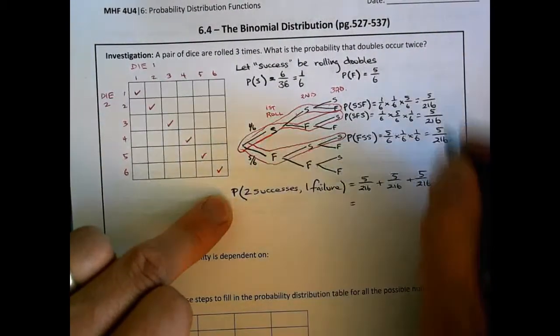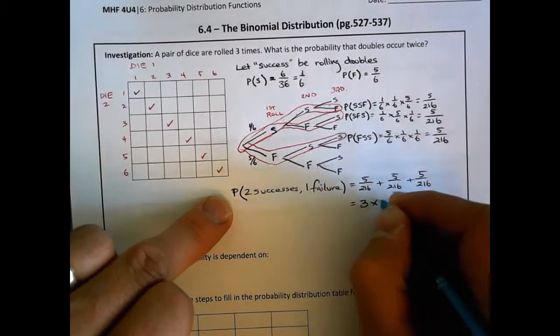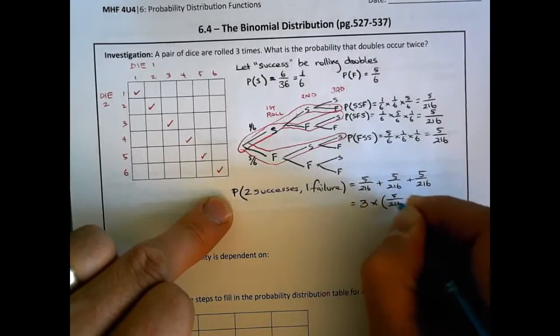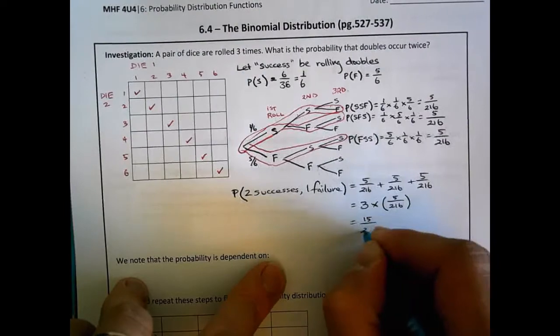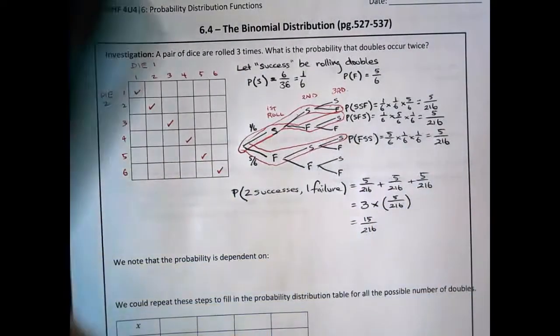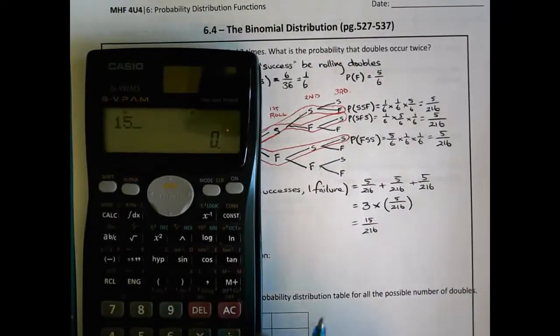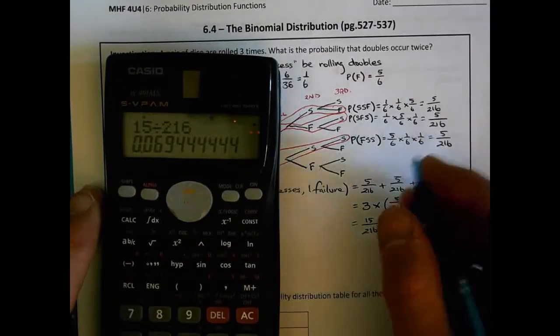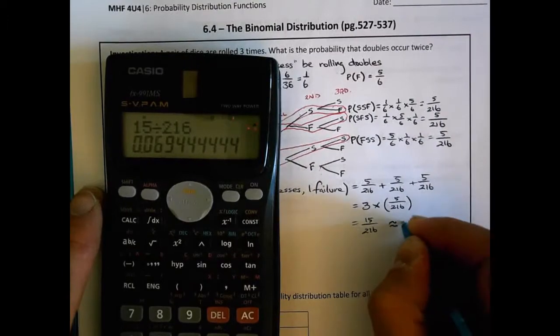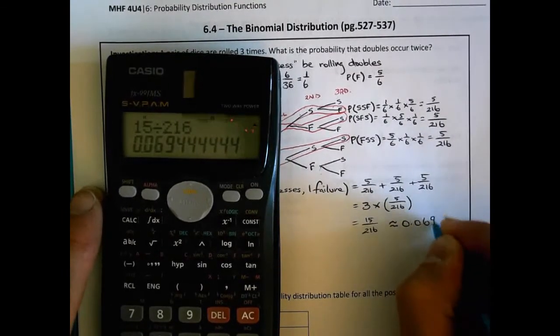Or, in other words, because these are all the same, it's 3 times 5 over 216, which gives you 15 over 216, which is pretty small. It's approximately 0.0694.